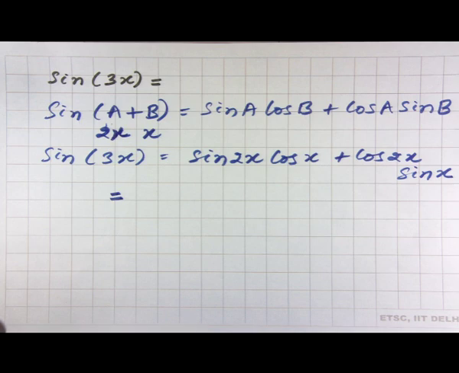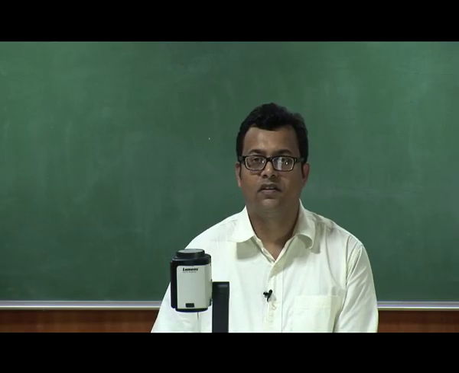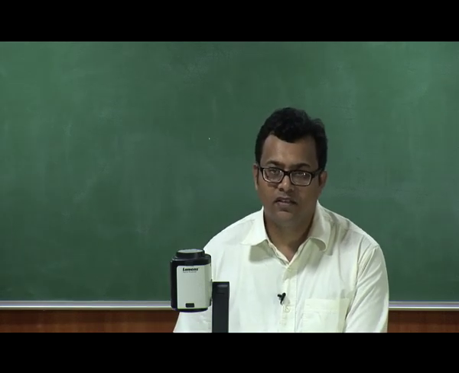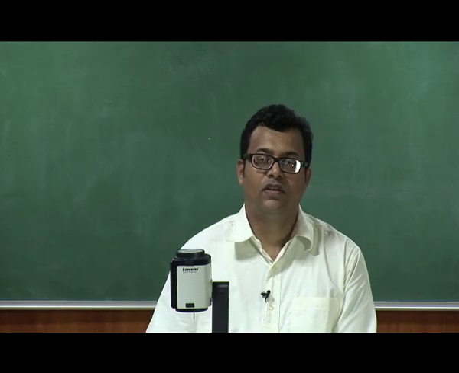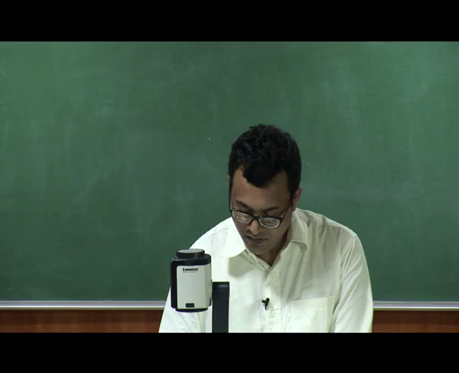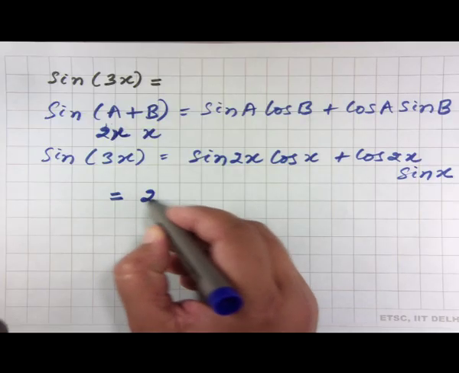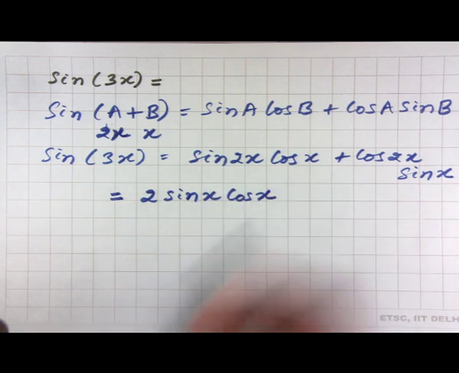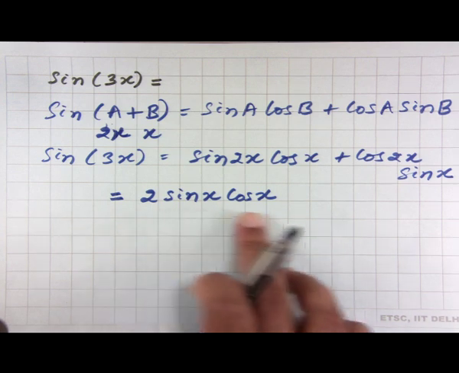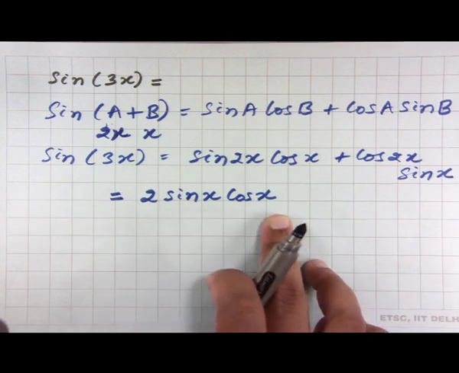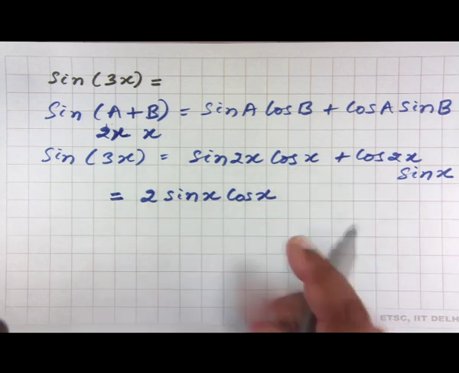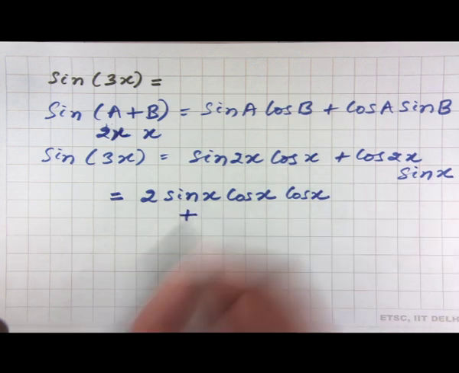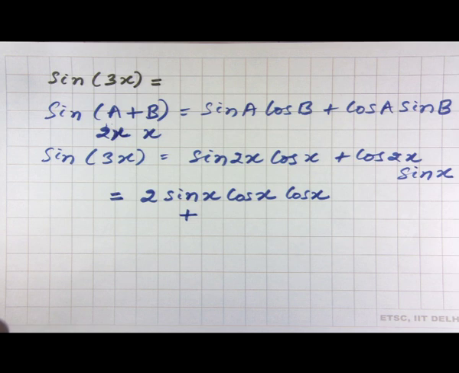We know that sine of 2x is 2 sin x cos x, and cosine of 2x is 1 minus 2 sin square x. So, we are going to use these two expressions here. So, this is the expression for sin 2x. So, we are going to multiply that with cos x plus cos 2x is 1 minus 2 sin square x.